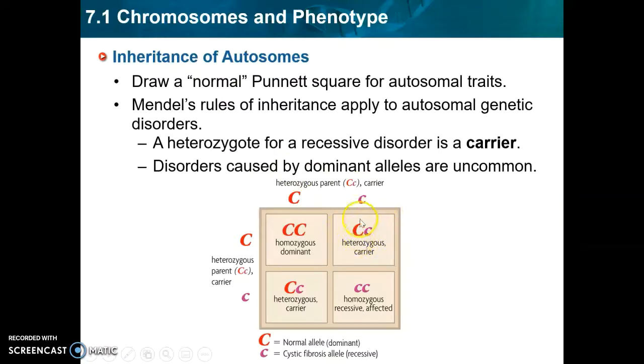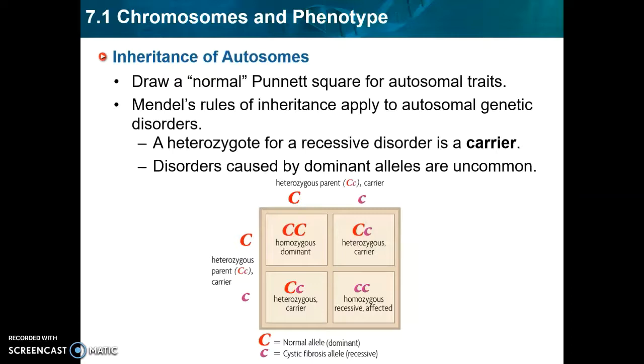They have one dominant allele, and not having the disease, in this case, is dominant. Having the disease is recessive. And they do have a recessive allele. They carry that lowercase c, but they themselves are not affected by the disease, and they probably have no idea that they are a carrier at all, not unless they happen to have children who have the disease. That is often somebody's first clue that they're a carrier for a genetic disease.